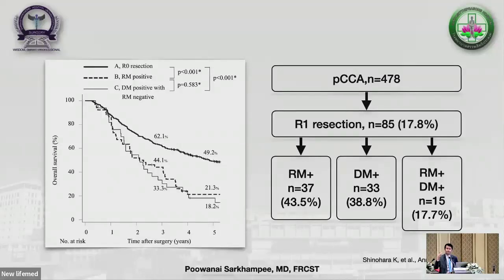They found that the most important margin that affects R1 resection is the radial margin. About 60 to 70% of the patients in R1 resection are radial margin positive. And they found that the survival outcome is not different between radial margin and ductal margin.